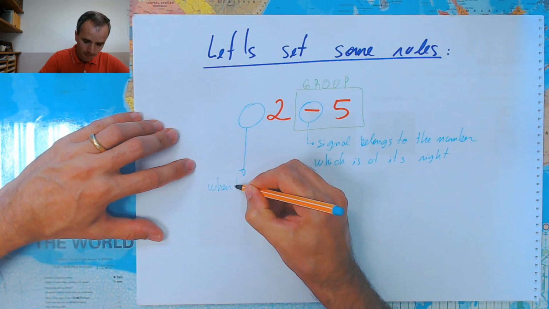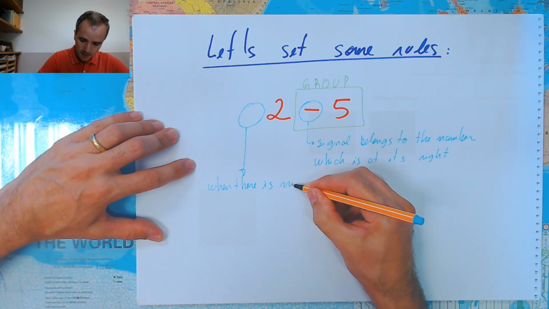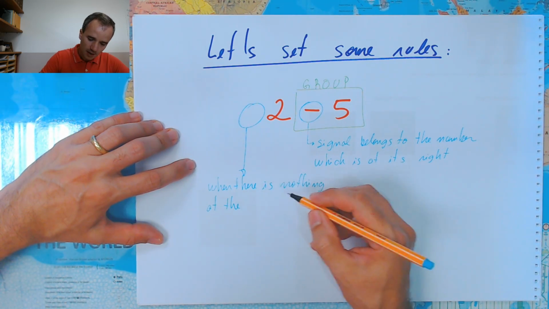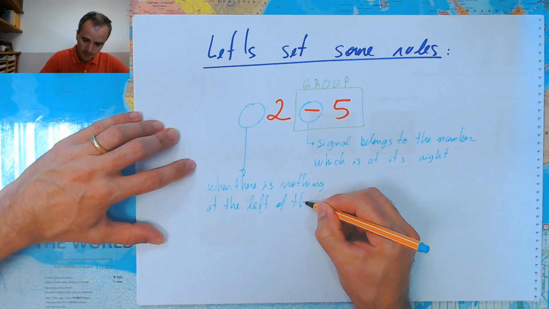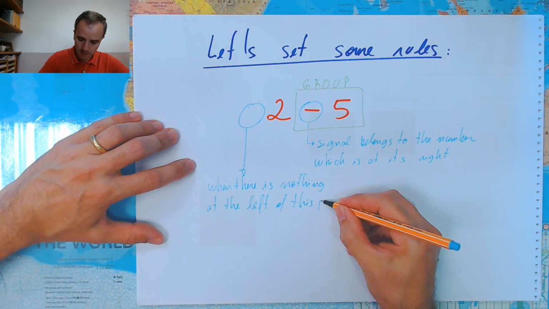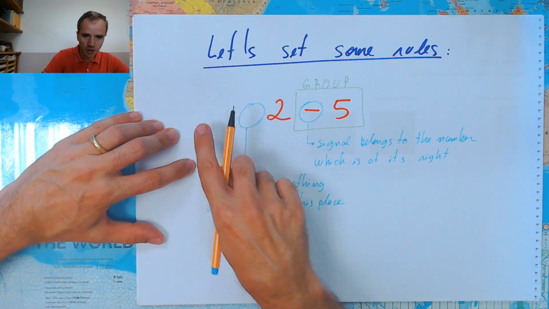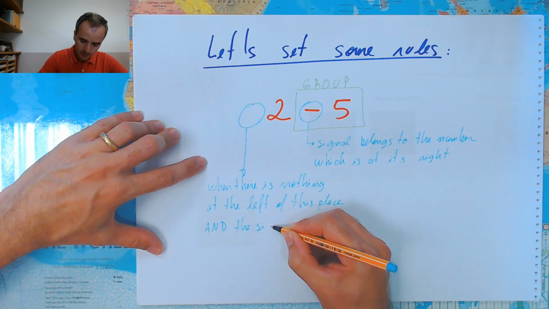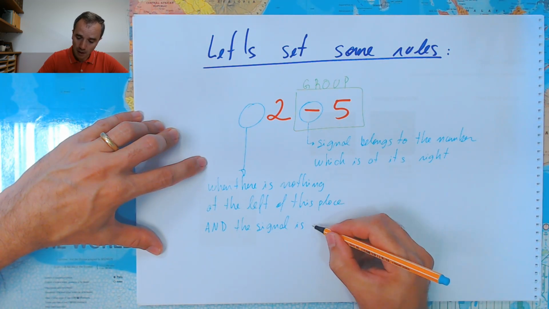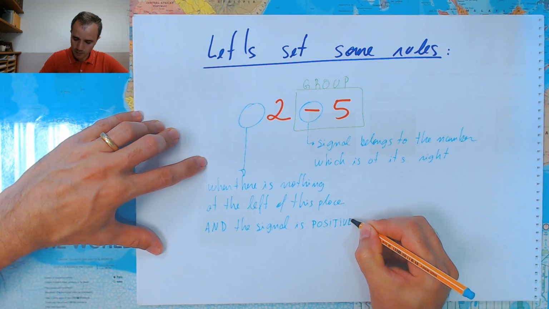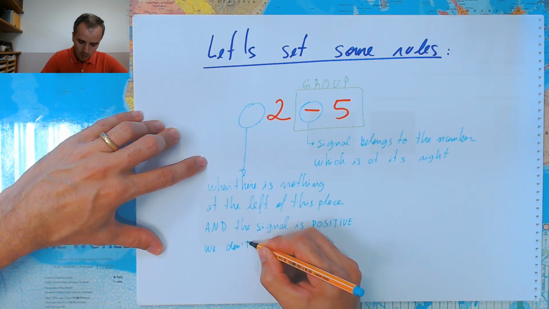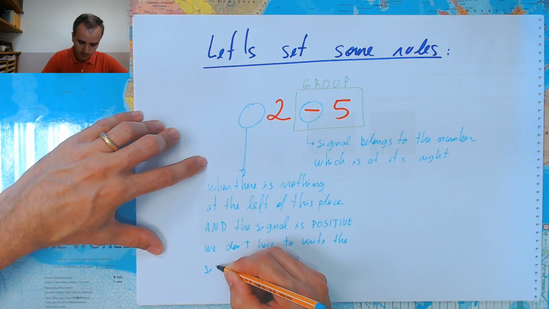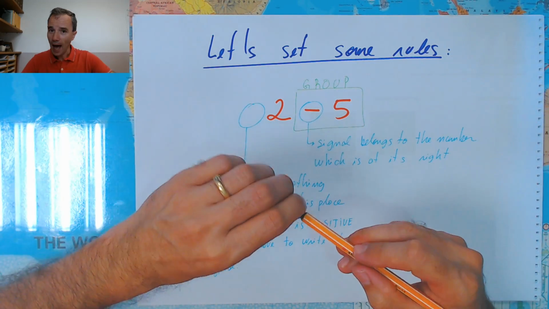When there is nothing at the left of this place, okay, when there is nothing in this region here, and the signal is positive, we don't have to write the signal. And of course, this only happens if it's positive.